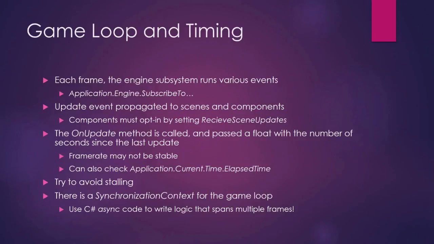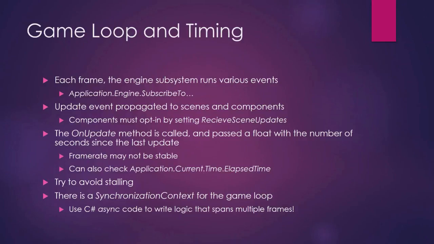So a very fundamental concept to game engines is the idea of a game loop. On some update frequency, the game is essentially running a loop. And each loop, it updates the state of the world and then renders it. So the engine has this loop.